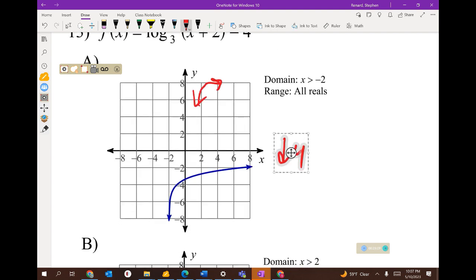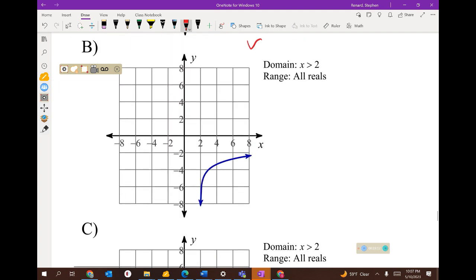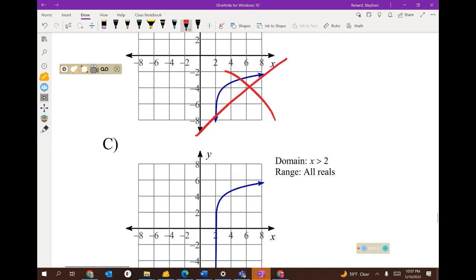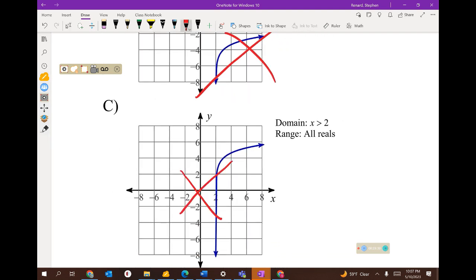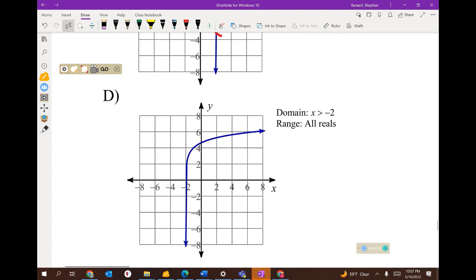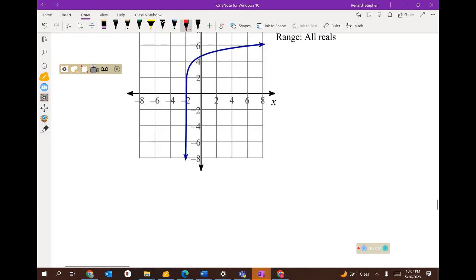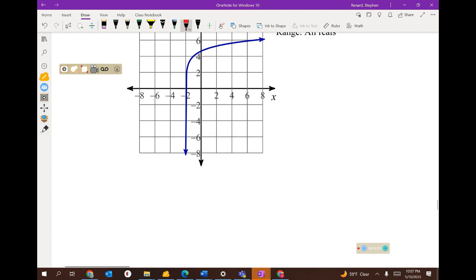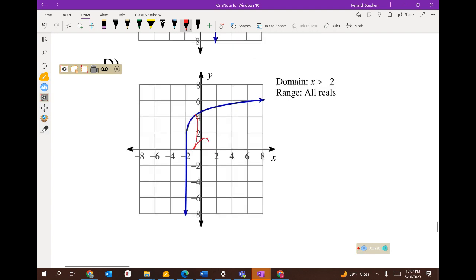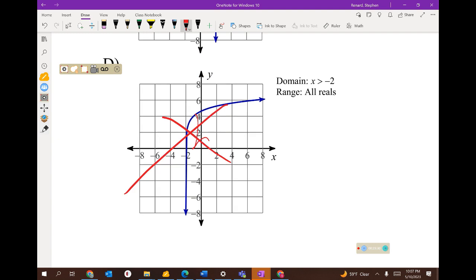So this could be it. We're going to the left and 4 down. That's not it. That's to the right. And to the left. And remember, it was 4 down. So starting here, it's going to go to the left and 4 up. And that's not what we want. So that's off.